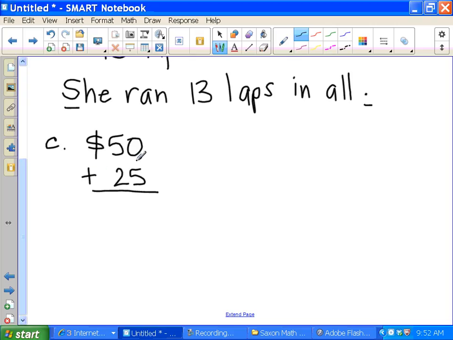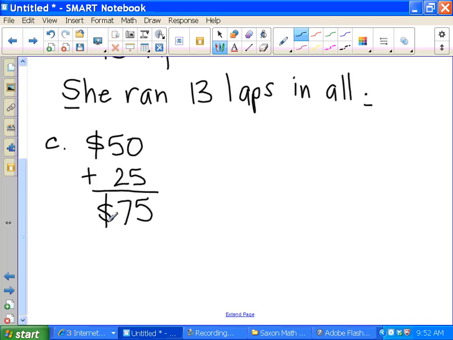Okay, we start with the ones column. What's the first part, JP? 0 plus 5 equals 5. And the tens column, 5 plus 2 equals 7. Don't forget my dollar sign. I'm not finished because it said then write a complete sentence. Now, when I do that, I like to go back and read the question. Find the question mark. Go backwards.